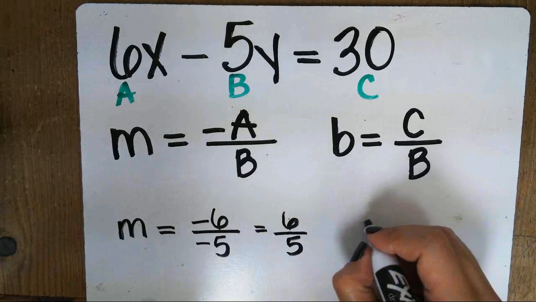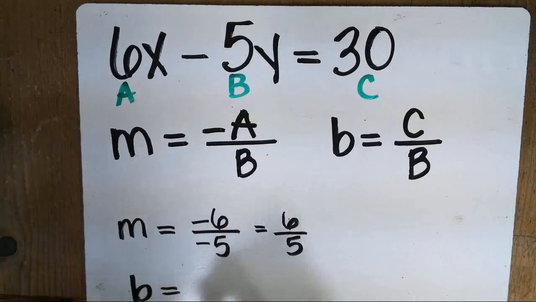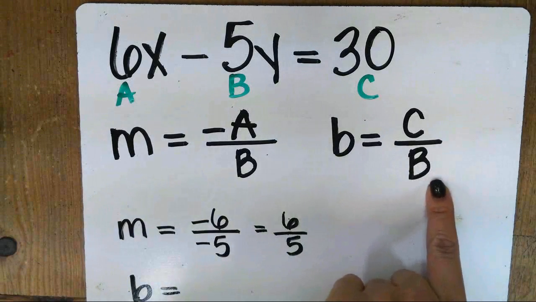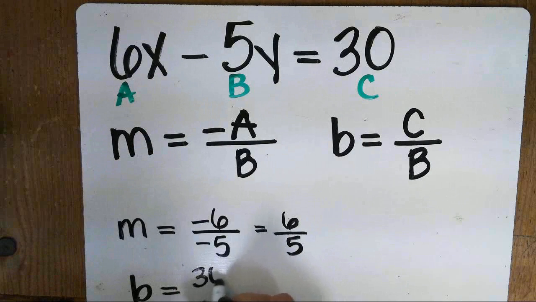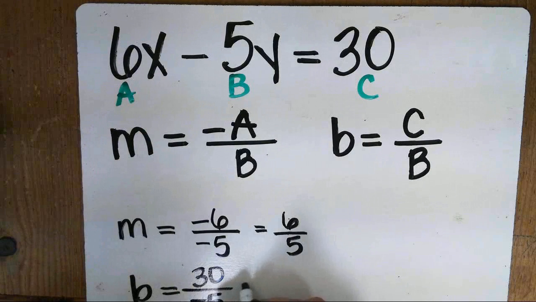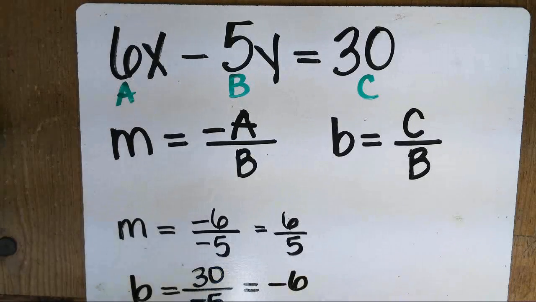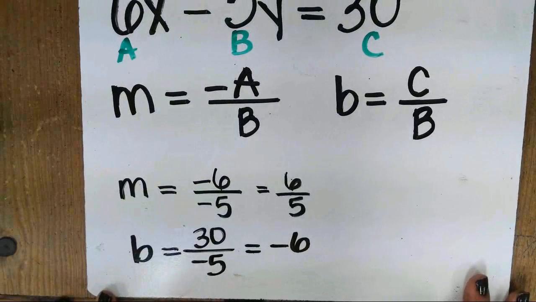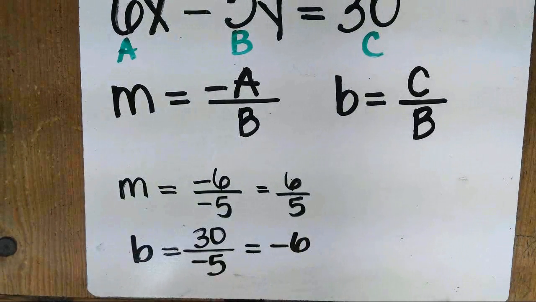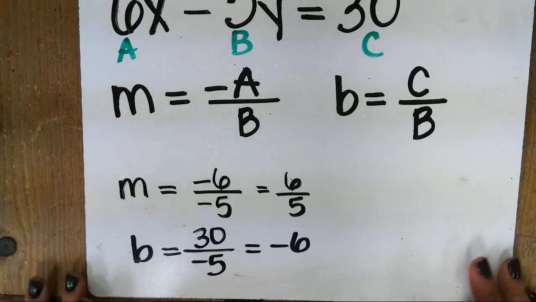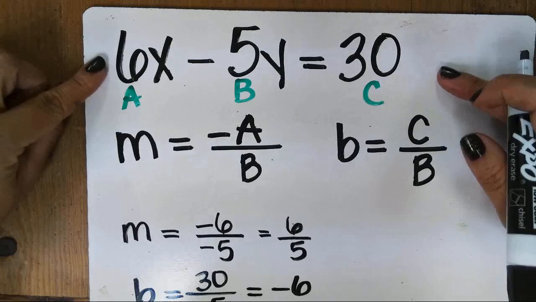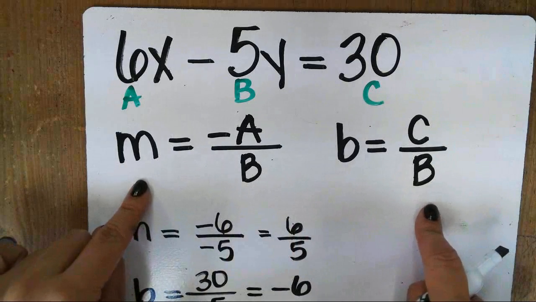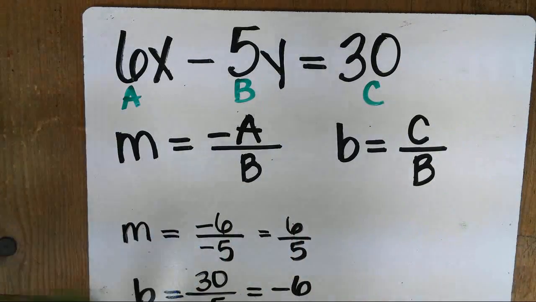Okay, and my y-intercept is C divided by B. So I have 30 divided by negative 5. And that gives me negative 6. Okay? And that will work every single time so long as your equation is written in standard form. You can use this trick right here.